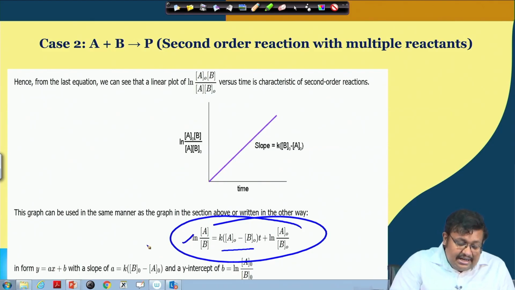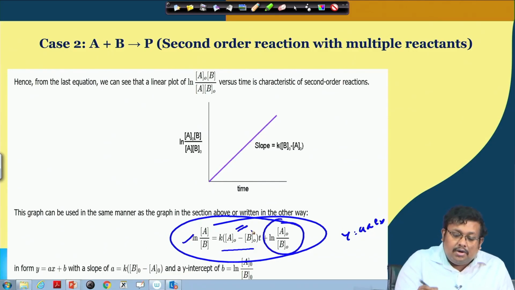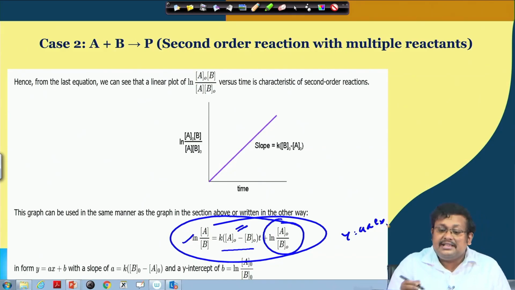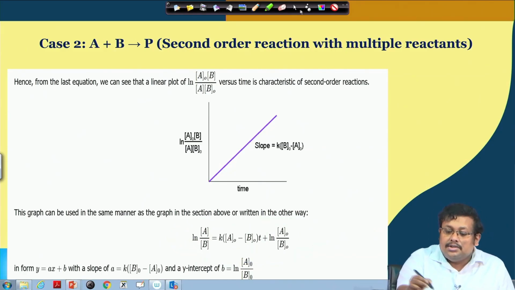In this straight line, y equals ax plus b, where a stands for k into (B0 minus A0) and the intercept is this term. Okay. So, if we simplify this we can further express it in terms of a plus bx.